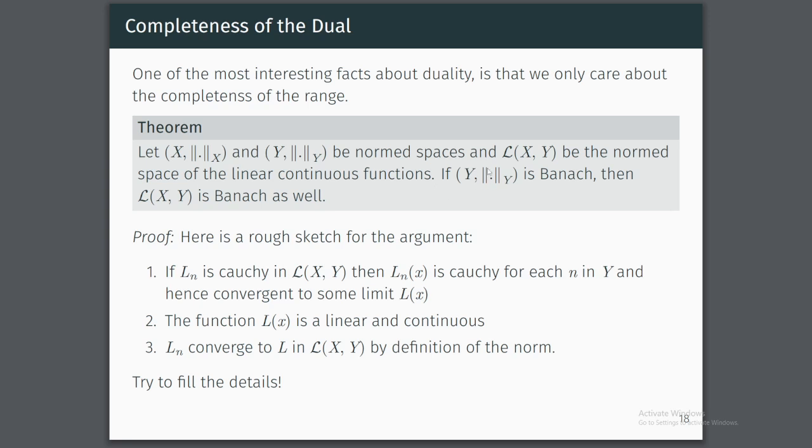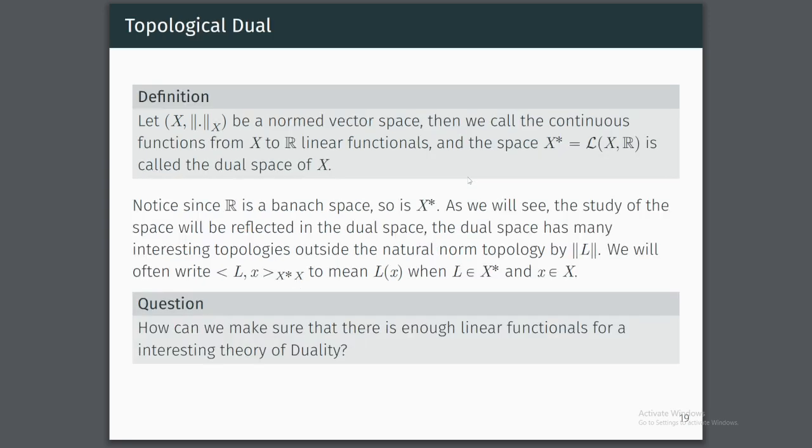one important example of when we're going to use this is when y is R. There are two types of dual. There's an algebraic type of dual, which you may have seen in linear algebra perhaps, and there's the dual that we're going to be dealing with, which is the topological dual space. So if X is a normed vector space, then the space of continuous linear functions from x to R, we're going to call them linear functionals, and the space of linear functionals is going to be called the dual space of x.